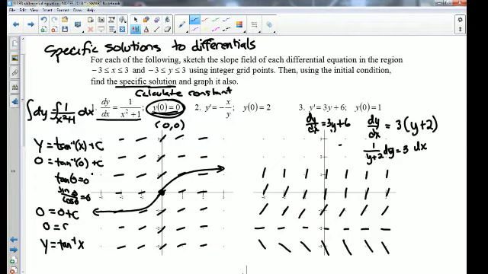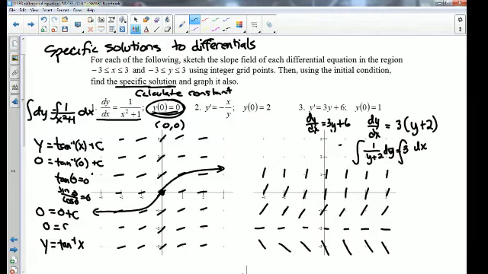Why is it 1 over y plus 2? Because you had to divide by y plus 2. It still ends up in the bottom. Okay. All right, integrate.